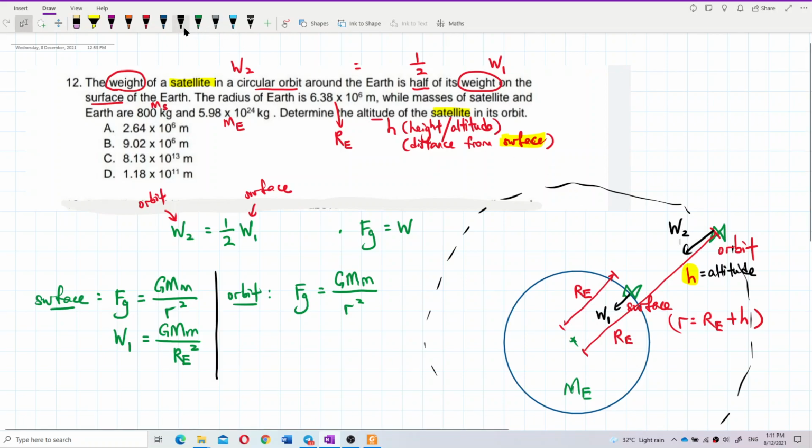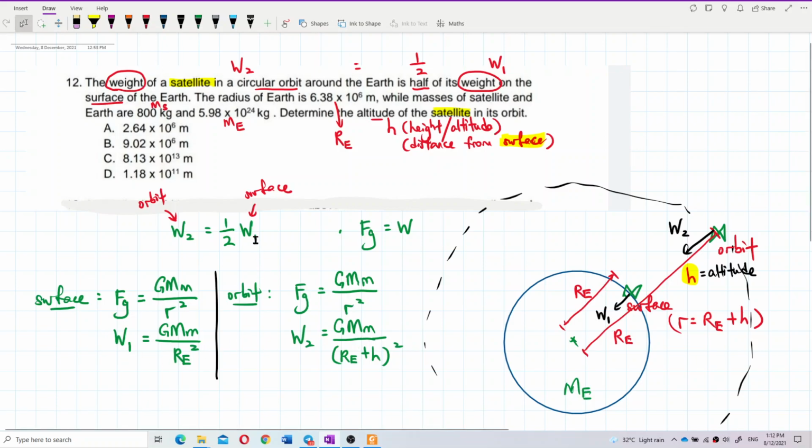So W2 equals G, mass of Earth, mass of satellite, over the r at the orbit. The r is radius of Earth plus h. Understand? Radius of Earth plus h. So we already have W1 and W2.